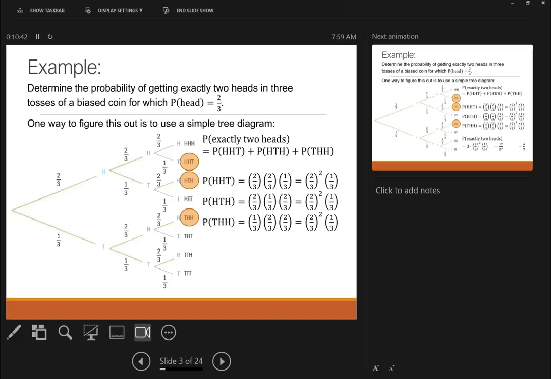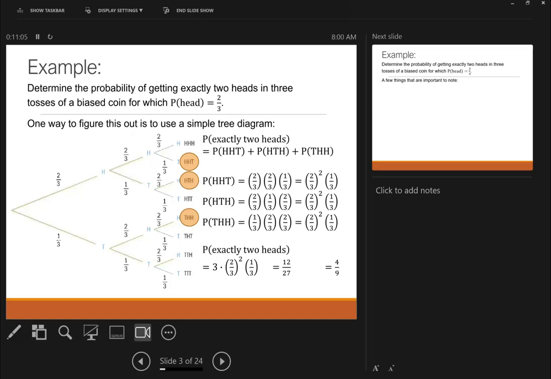So to calculate exactly 2 heads, I'm just going to take the number of different ways I can get 2 heads times the probability of any one of these 3, since they're all the same, the probability of one instance of getting 2 heads, and I have my answer, right? So here I would have 3 times, because there's 3 different ways I can get 2 heads, 2/3 squared times 1/3, which comes out to be 4/9. Does everybody feel okay with what we've done?